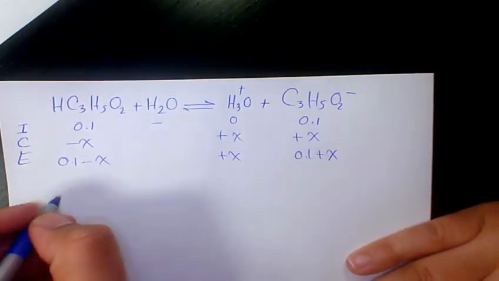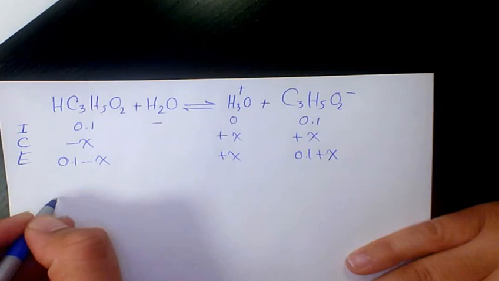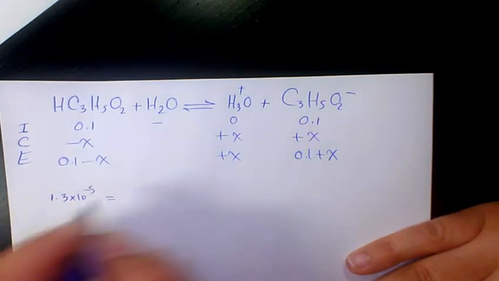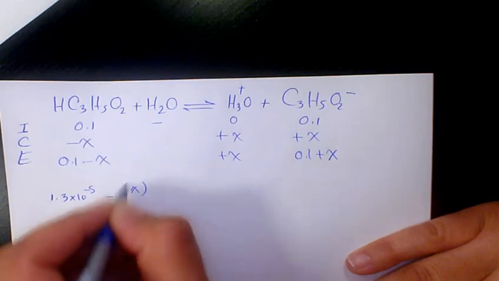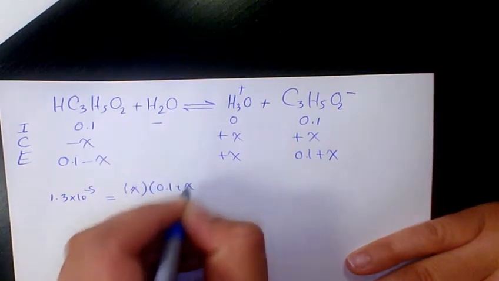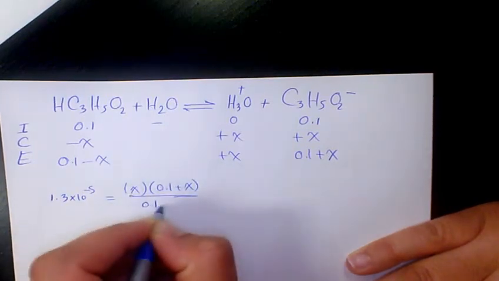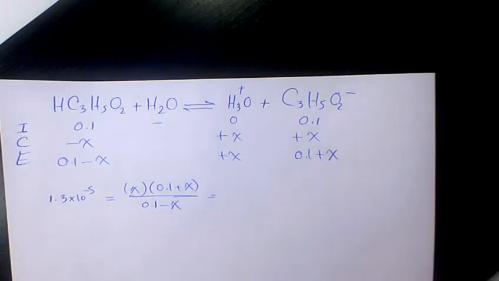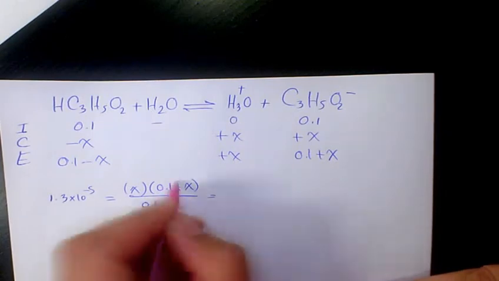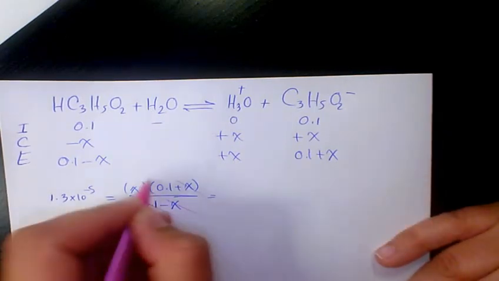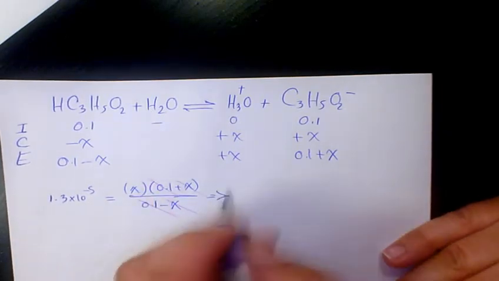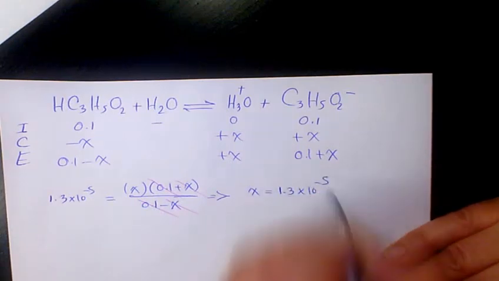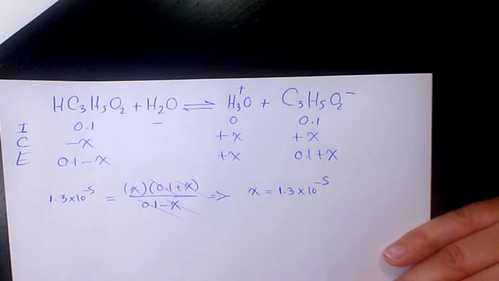So Ka, which is the acid dissociation, 1.3 times 10 to the power of negative 5, equals x times 0.1 plus x divided by 0.1 minus x. If we neglect the x part, this one and this one cancel out, and 0.1 and 0.1 cancel out, I can say x equals 1.3 times 10 to the power of negative 5.